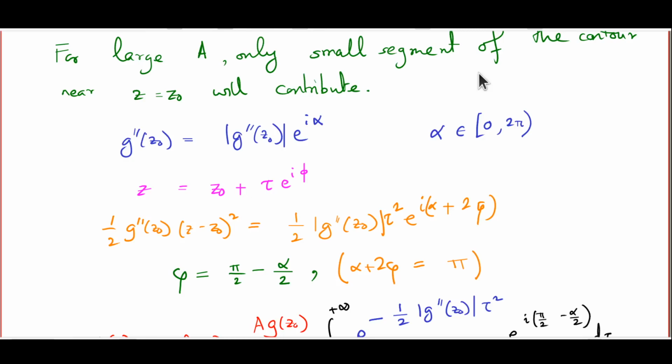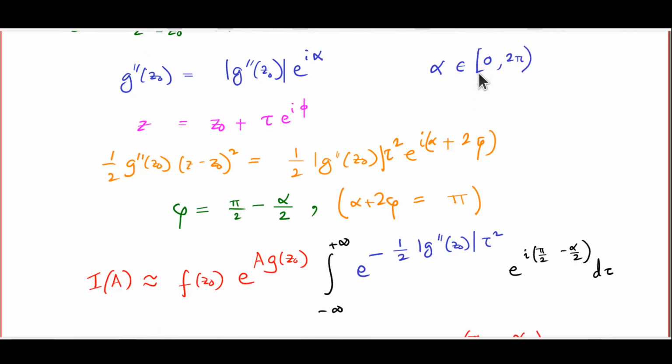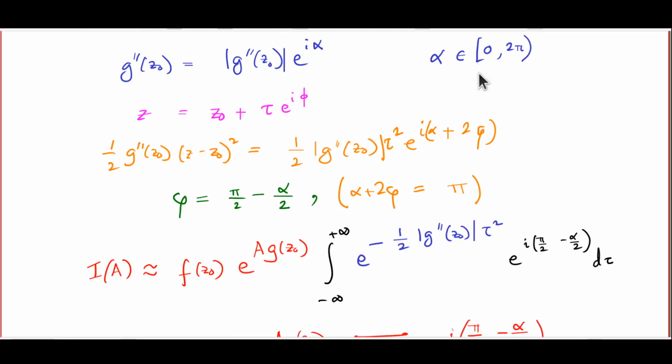And now the quadratic term, half g double prime z0 by z minus z0 whole square, is easily seen to be half of g double prime z0's magnitude times tau square into e to the I alpha into e to the I 2 phi. The 2 phi coming in because you are squaring z minus z0. Now what you want is that this term should cause the exponential term to drop as fast as possible.